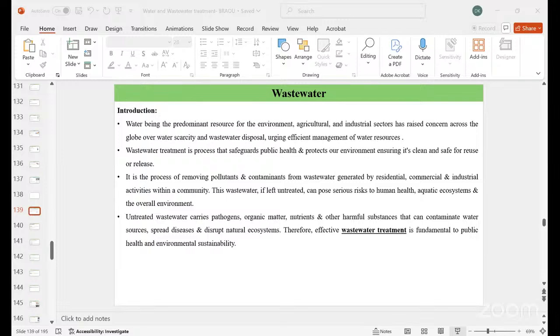So coming to the biological characteristics, pathogens are the disease-causing microorganisms, which might be bacteria, viruses, protozoa, and helminths. Their presence indicates a high risk of waterborne diseases, and the measurement method is PCR for specific pathogens.